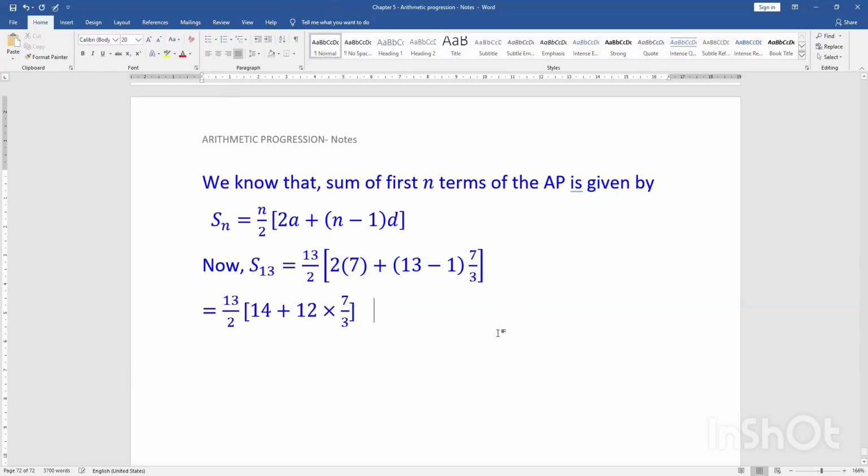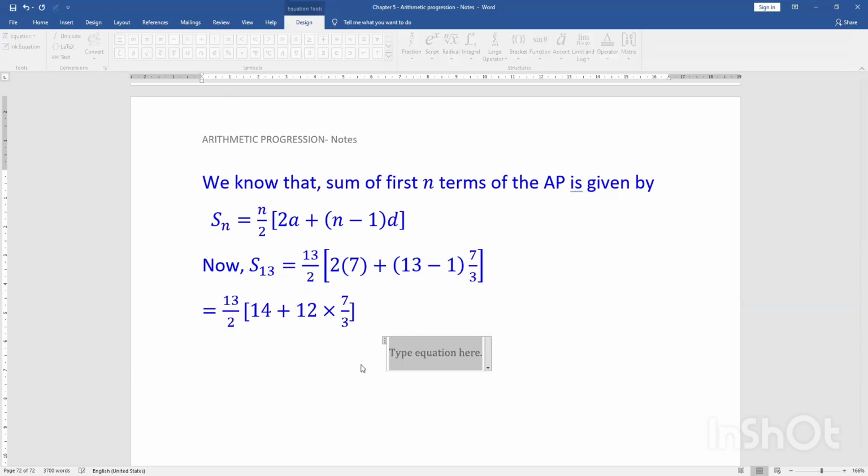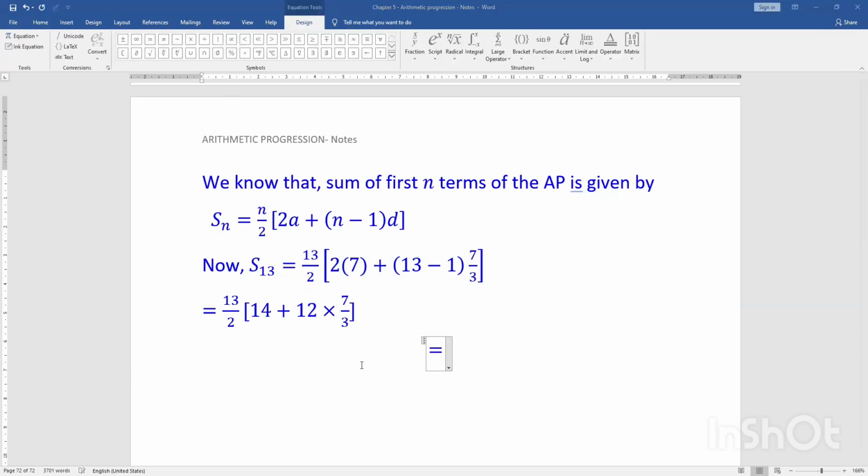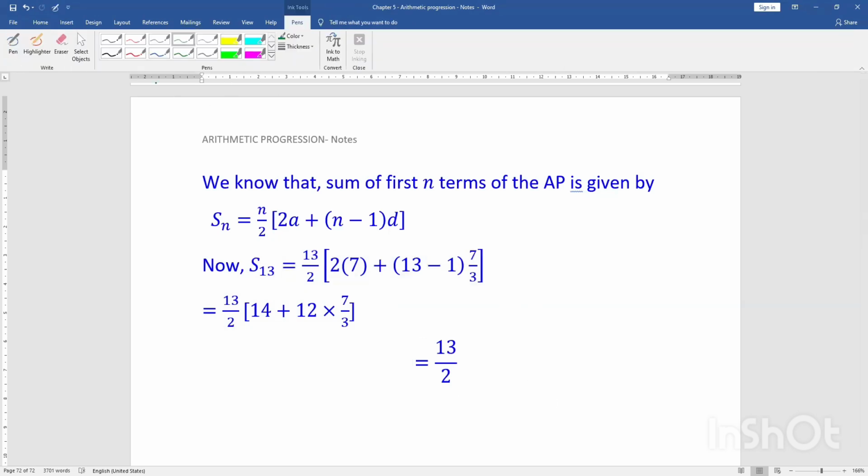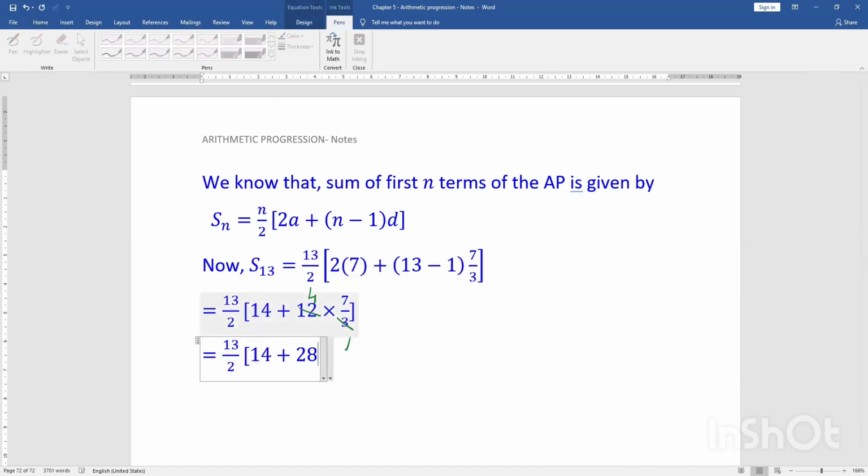Or it's equal to, so we get how much? We have 13 by 2 into, so here 3 and 12 get cancelled, right? Let me cancel it. 3 ones are 3, 4 threes are 12, okay? So that means we get 28 there. So here we get 14 plus 7 fours are 28, bracket close.